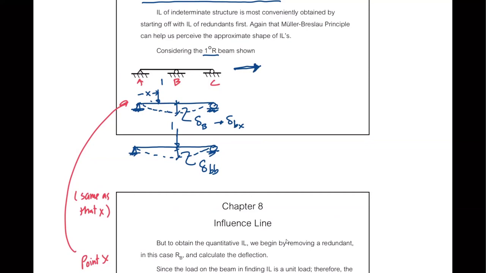I'd like to give you guys a minute or so to use your imagination on what it would look like, and then I will draw it for you. What would be the shape of the influence line of RB and RA and then RC? I'll give you a minute to try to draw it on your own paper and see if your drawing looks similar to what I am going to draw.